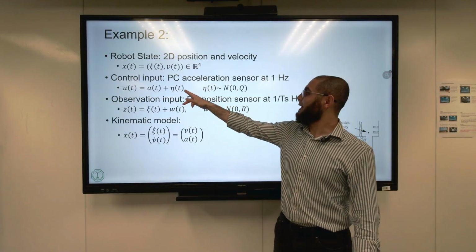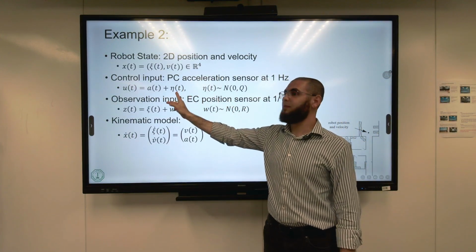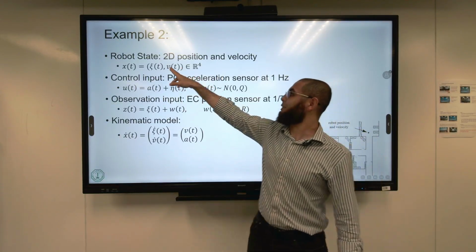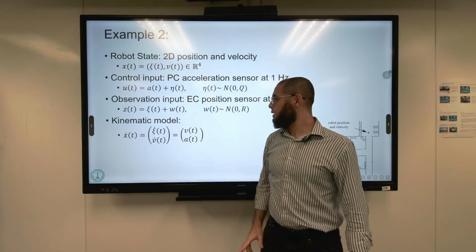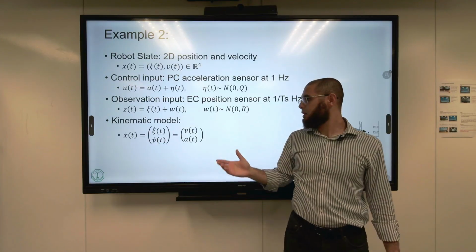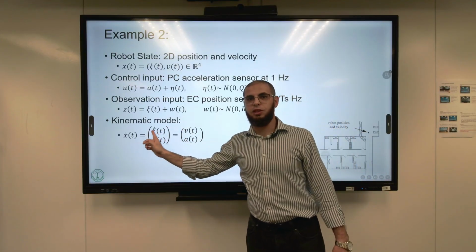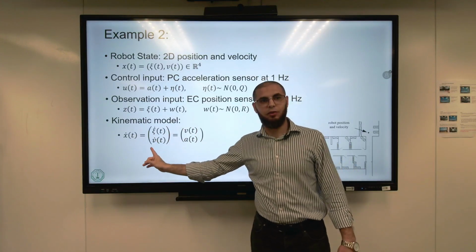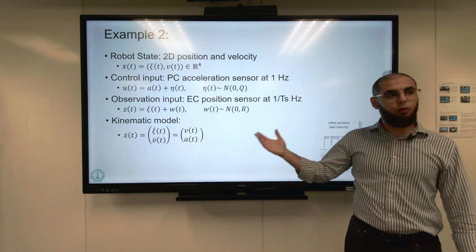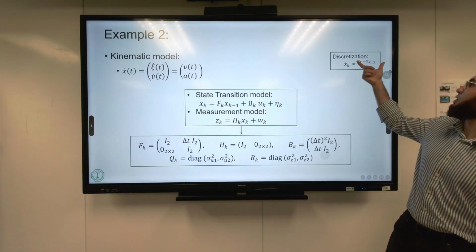Eta is 2-dimensional, and w is 2-dimensional, because I have 2 states here and 2 states here. And this is the kinematic model: the rate of change of the position is equal to velocity, and the rate of change of the velocity is equal to the acceleration. Make sense?